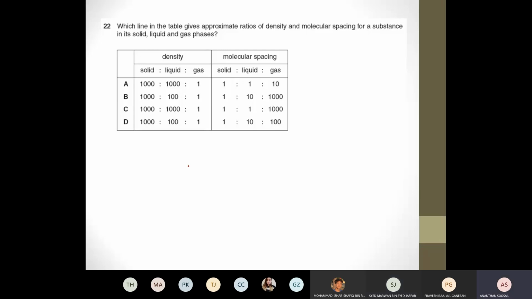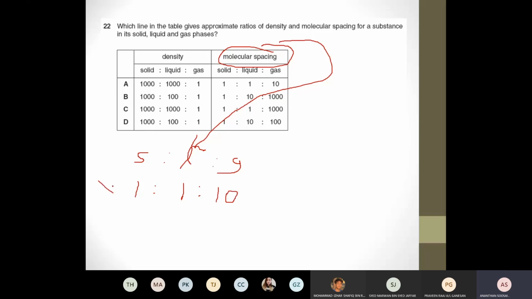It's a fact to remember. You see, for a solid, liquid, gas, the molecular spacing for solid, liquid, gas will be 1, 1, 10 ratio. Fact to remember. You have to remember this fact.